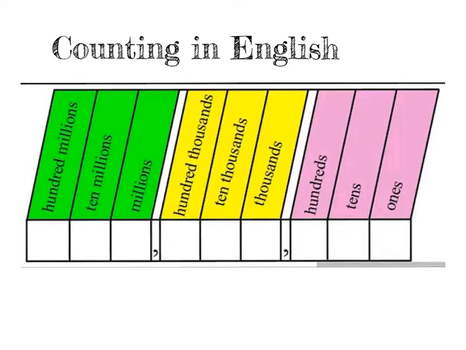After our 10,000s, we get to 100,000. Now that we've gotten past 100,000, the next would be 1 million. And the next place value would be 10 million.